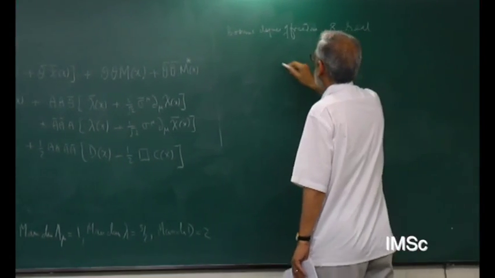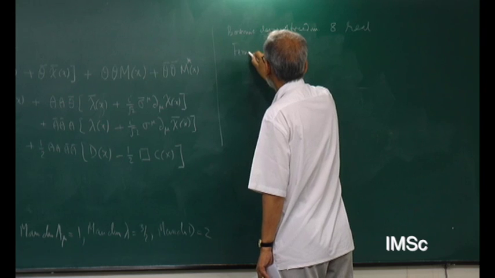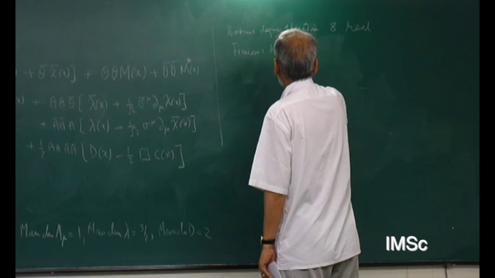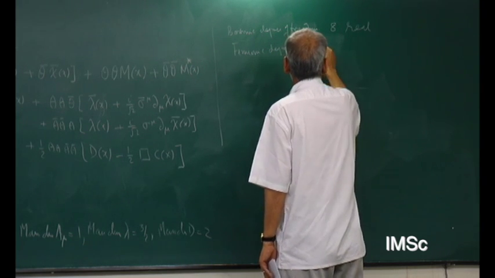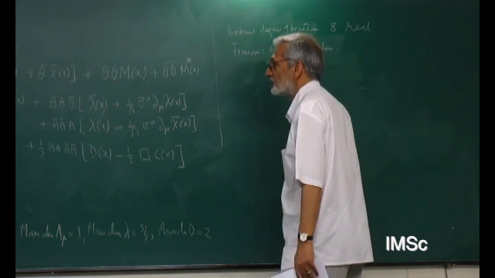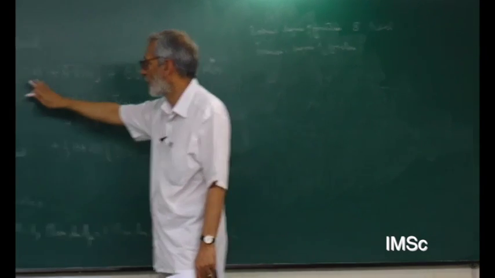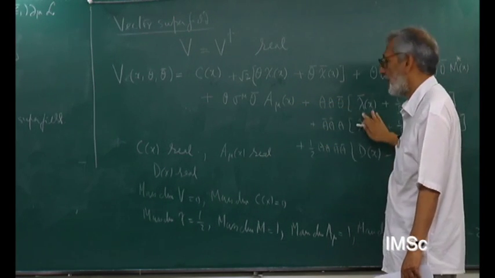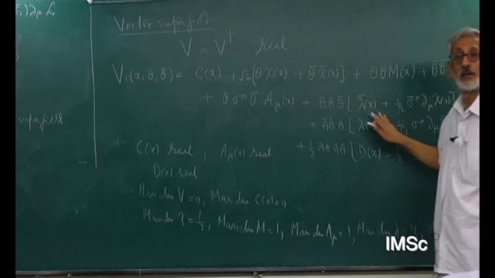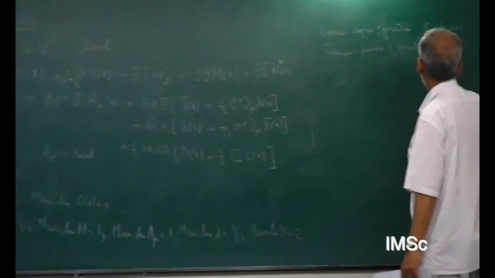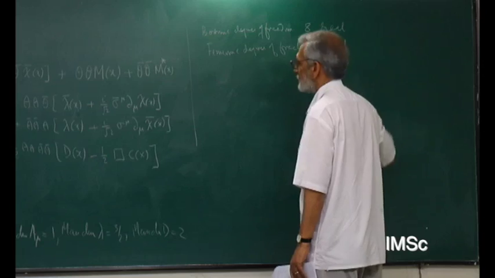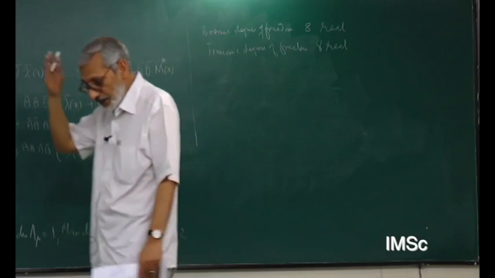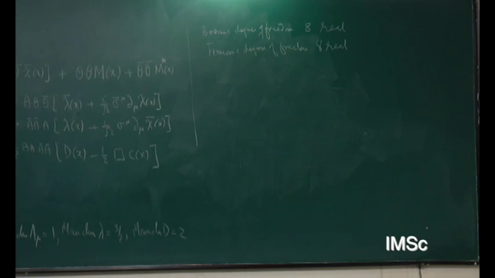Fermionic: 2 complex here, 2 complex here, 4 complex, 8 real. See, the general superfield that we had constructed earlier had 16 for bosonic, 16 for fermionic. Now, because of reality condition, each one of them is going half.